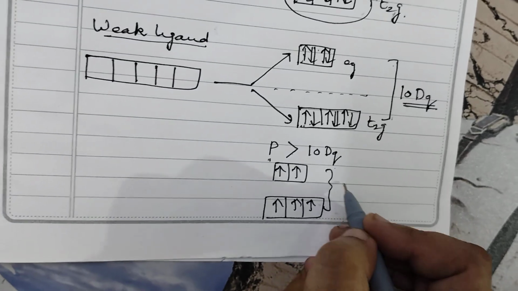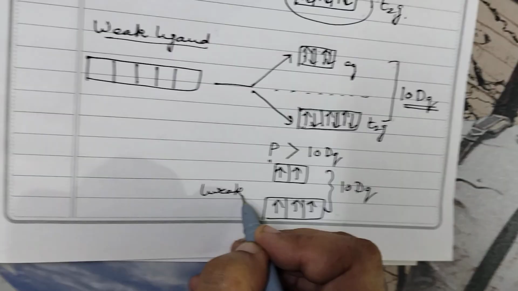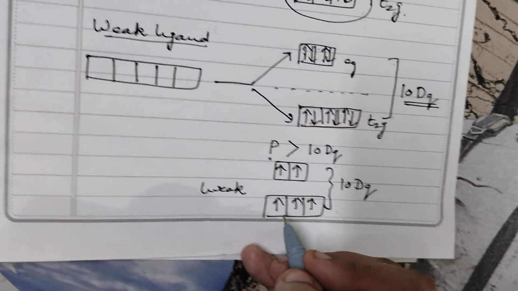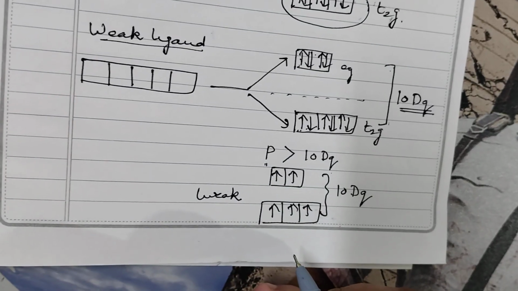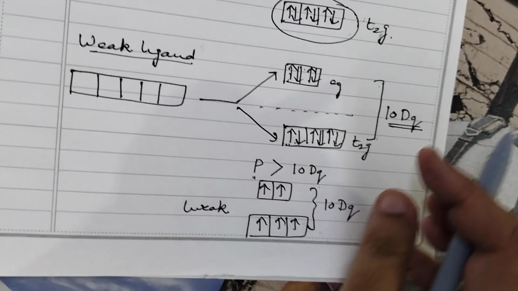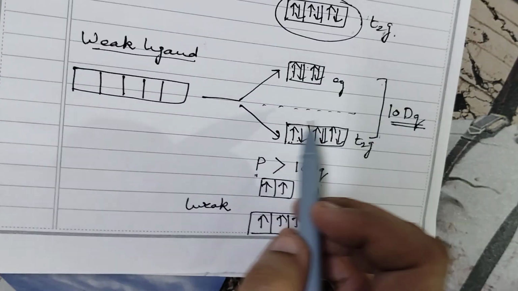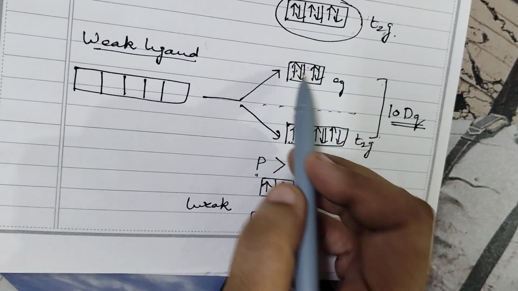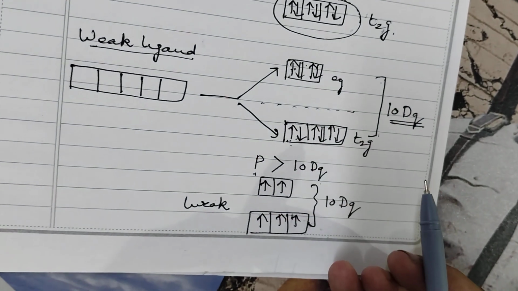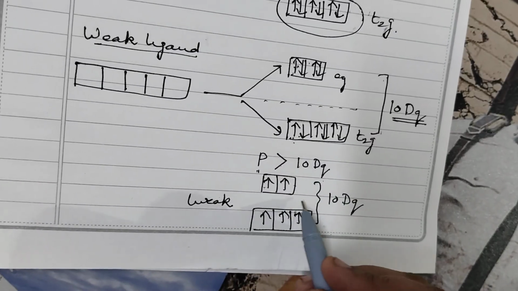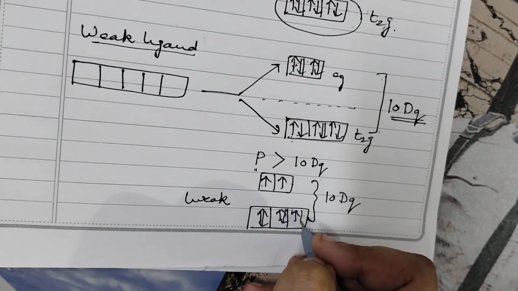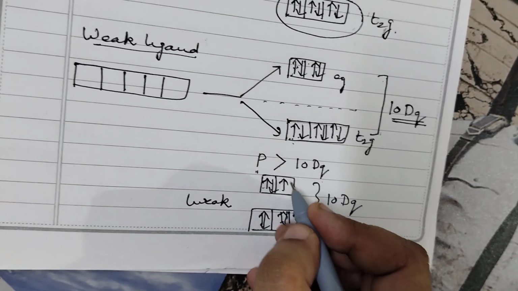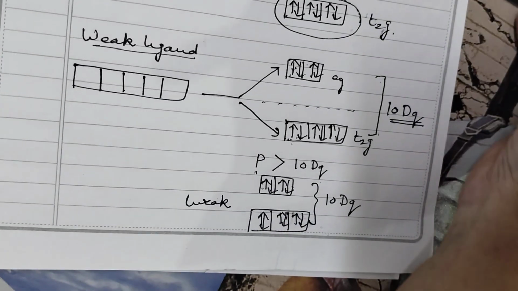Because this gap was less, the ligand was weak. So instead of getting paired up, it is easier for them to go to EG, because 10 dq is small and they can easily go here, and pairing will require more energy. So when all are singly filled, then pairing will start, because then they will not be left with any option. Then they have to undergo pairing.